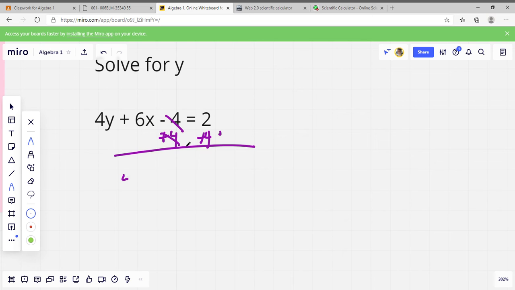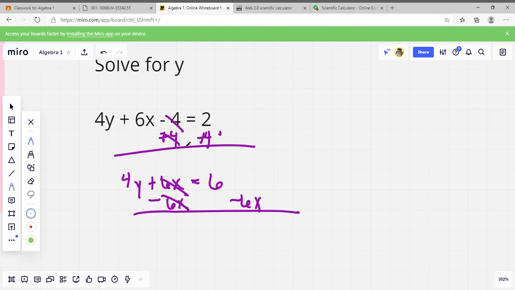We get 4y plus 6x equals 6 and 2 and 4 is 6. Now we're going to get rid of this x on both sides. Those cancel. We get 4y equals 6 minus 6x.